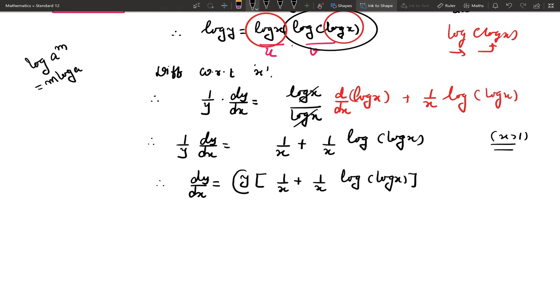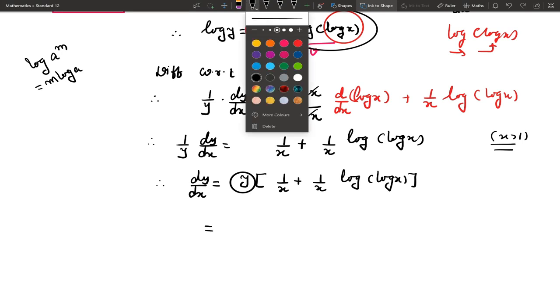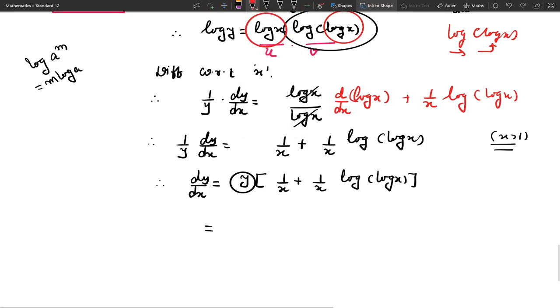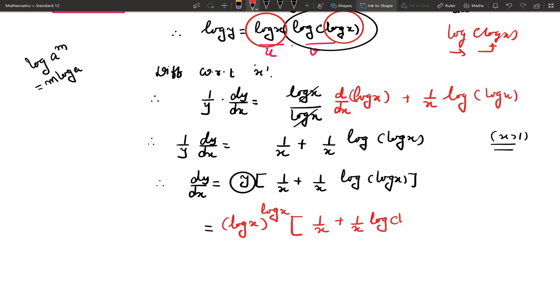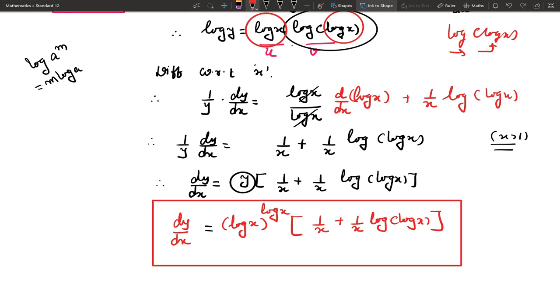Finally putting y equal to log x raised to log x, the answer is log x raised to log x into bracket 1 by x plus 1 by x log of log x. So this is our dy by dx.